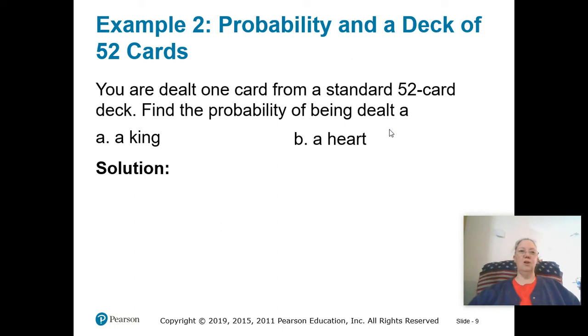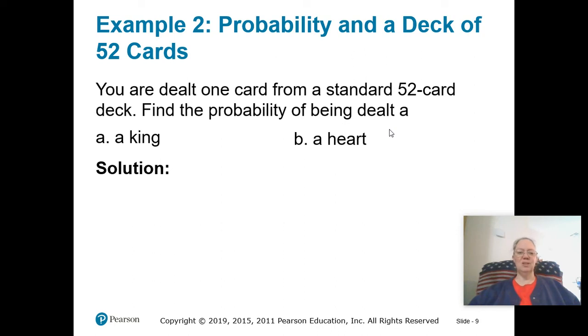There are half of the half, meaning 13. There are 13 hearts, 13 diamonds. The black cards are spades and clubs. Half of the black cards are spades, there are 13 of them. Half of the black cards are clubs, there are 13 of those. So there are 13 in each suit.